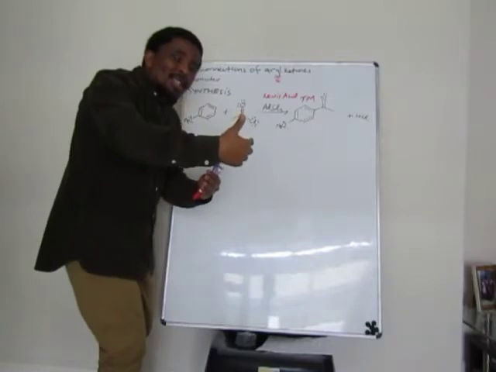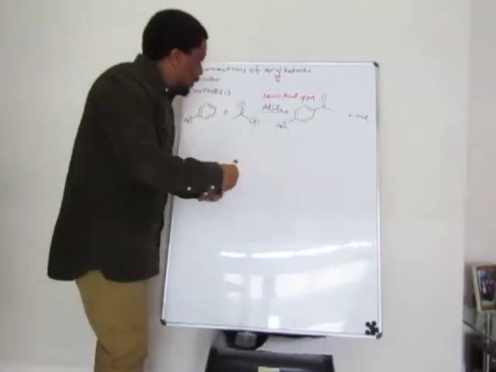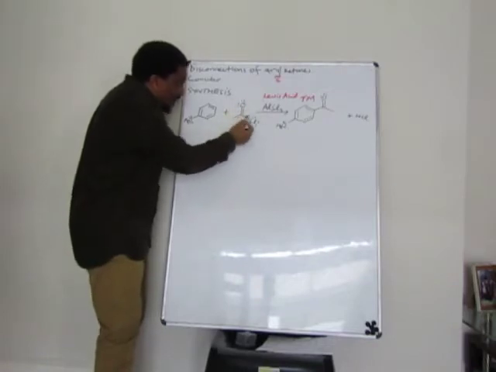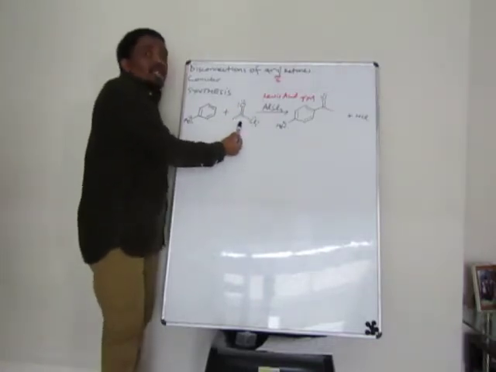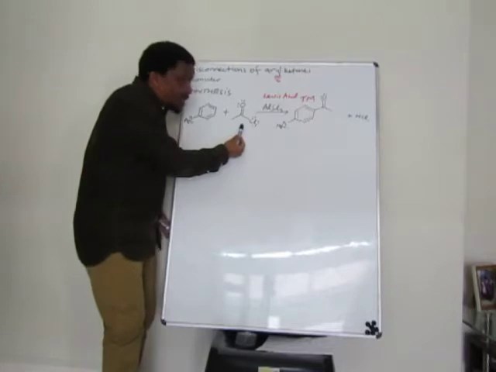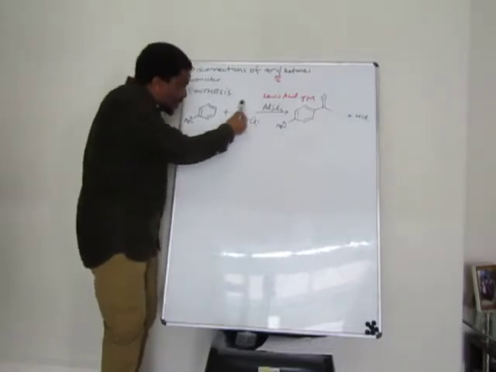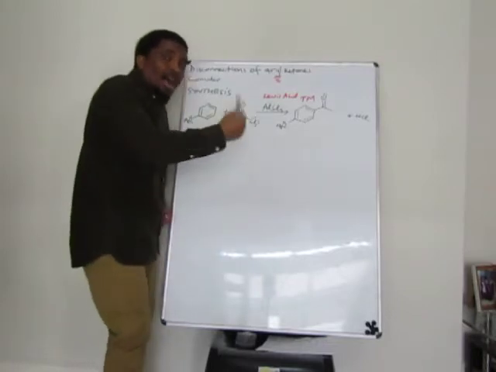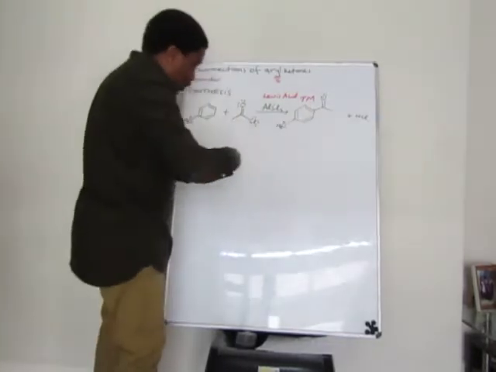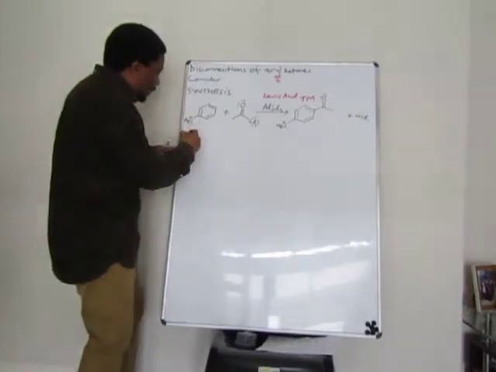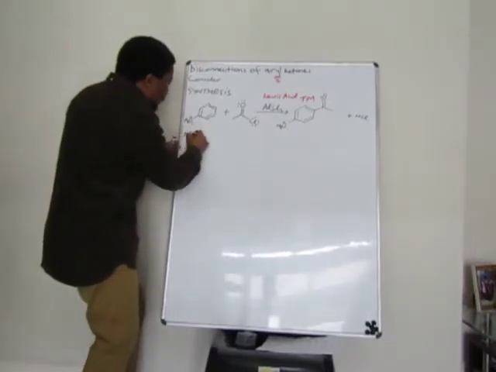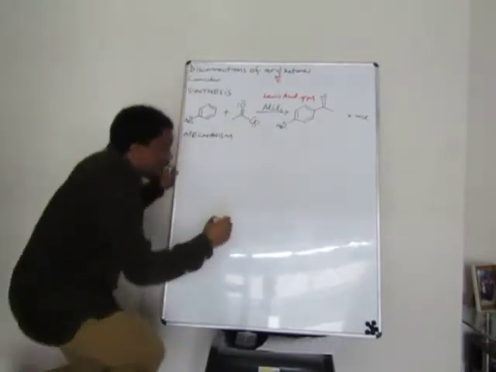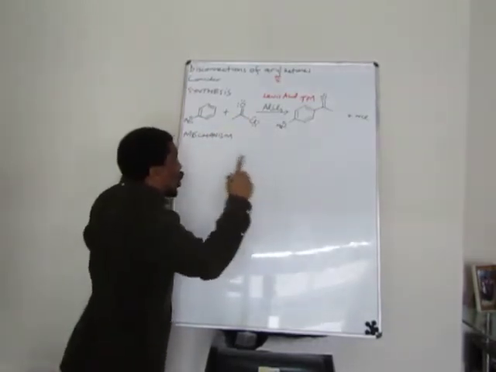Now let's go and see the mechanism. If I have this here, this is just an electrophile. But the question is, in this nature, is it strong? Not yet. How will it be made strong? In terms of the mechanism, we must first generate a very strong complex.